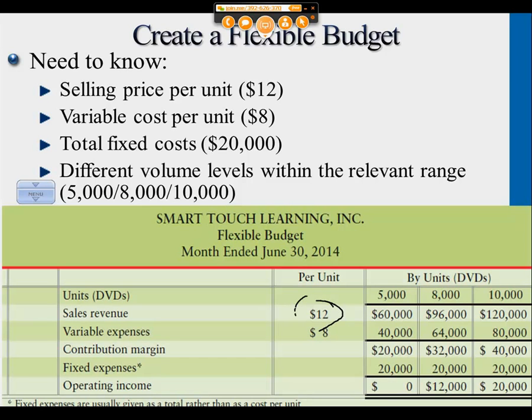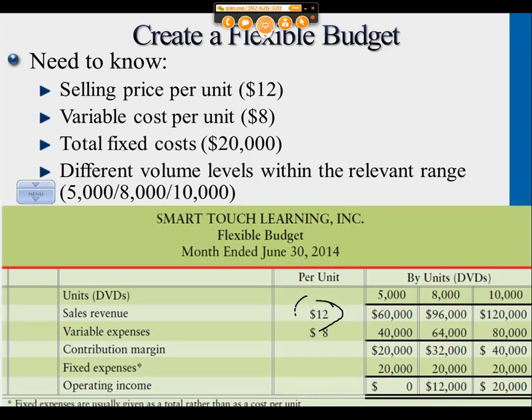And what would the 8,000 and 10,000 column be considered? You said that was a relevant range. Yeah. Don't tie it with this. It's just 5,000, operating income is at the zero. Don't tie it to this right now.